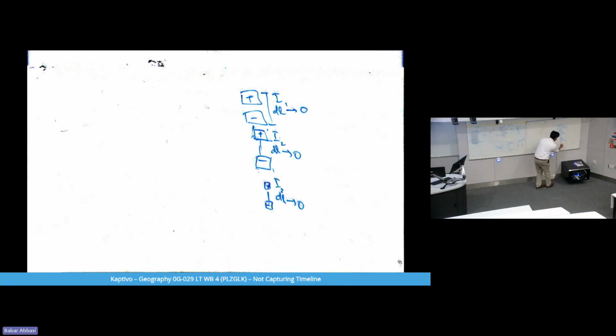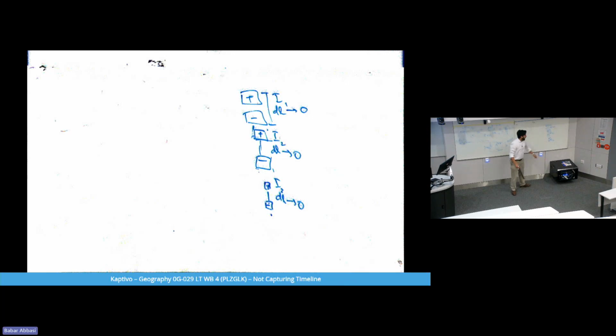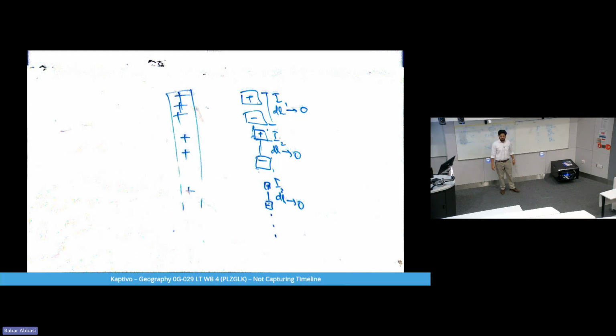If I do this for some time, then there's a possibility that I will be able to produce a simple structure that has varying charge on it. What this means is more charge variation, so more positive; less charge variation, less positive. So I can produce a simple strip that has charge like this.